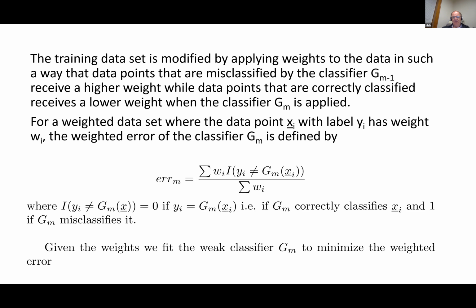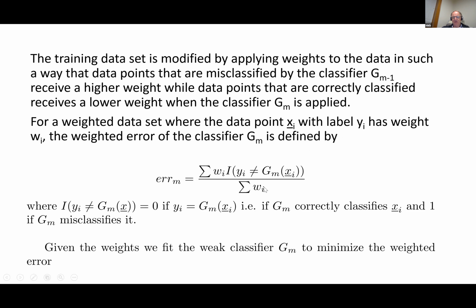But that will change as we apply our classifiers. For a weighted data set, we can define the weighted error of the classifier G_m, and that's simply the sum over all the weights that are wrongly classified, divided by the sum of all the weights.